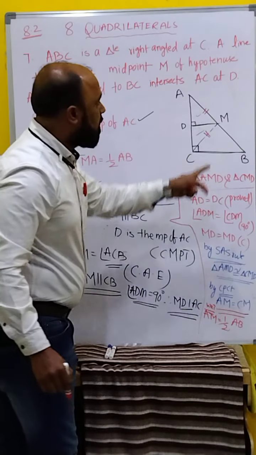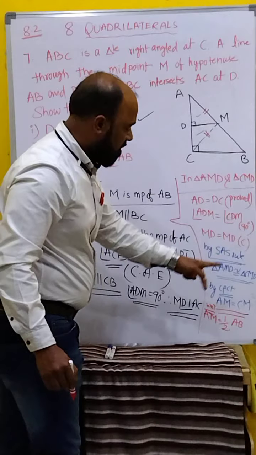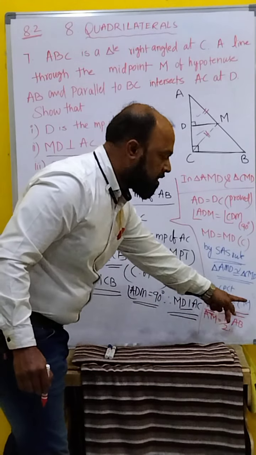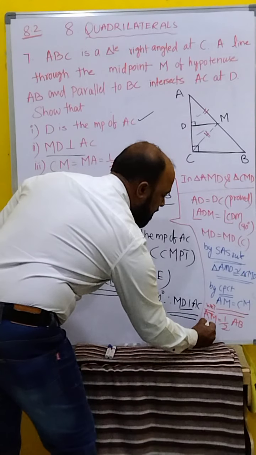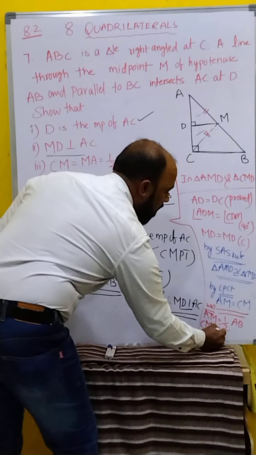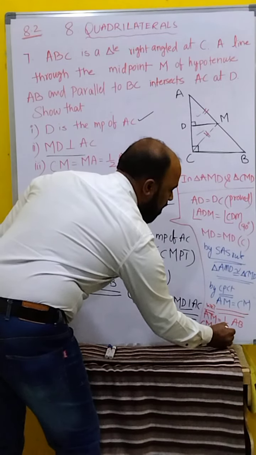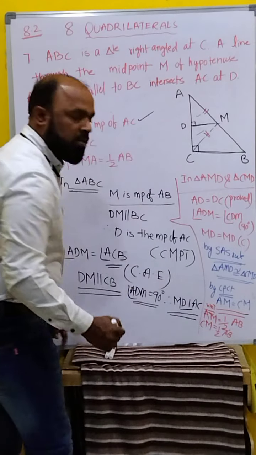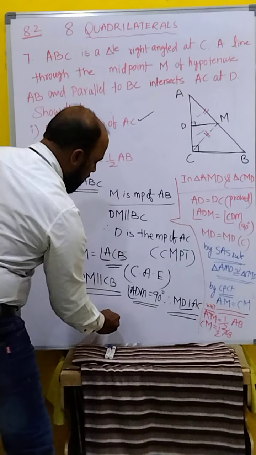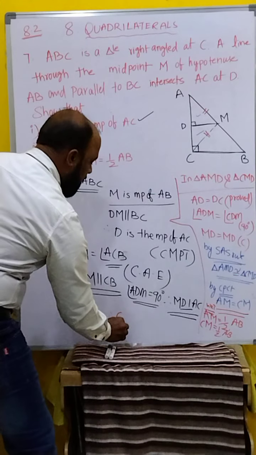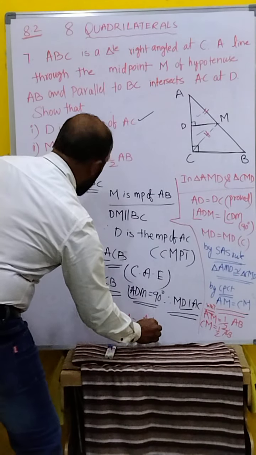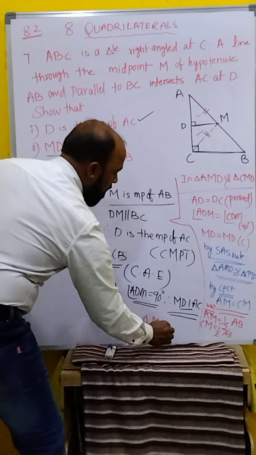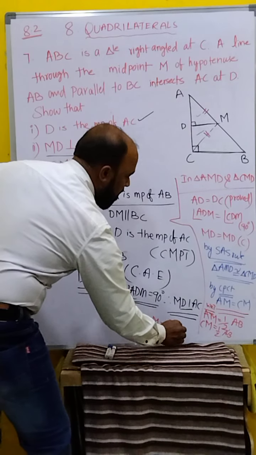What is the reason? M is the midpoint. Now, AM is equal to CM, just now we proved. Then finally, CM is equal to half of AB. Therefore, CM is equal to AM is equal to half of AB.